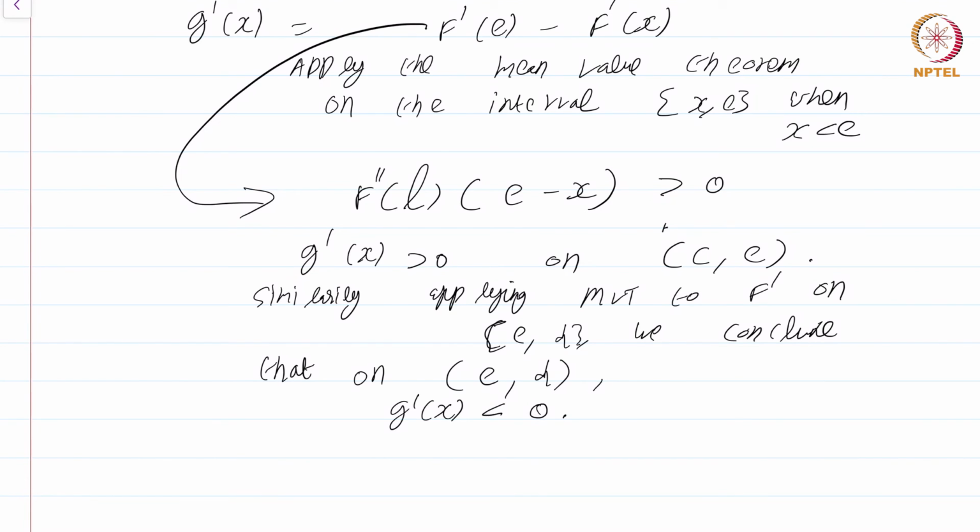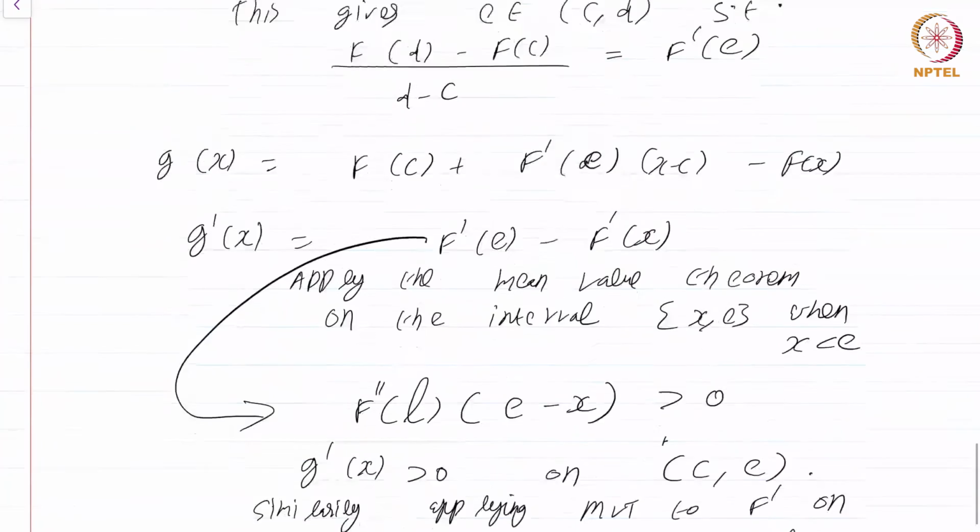Okay, so what we have done is we have applied the mean value theorem for a point x that lies between c and e to the function f', and concluded that g'(x) has to be greater than 0 on (c, e). Similarly, we apply the argument to any point x from the open interval (e, d), and we get g'(x) is strictly less than 0. Now, how does this help us?